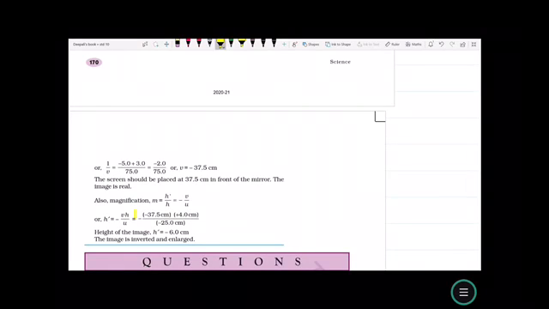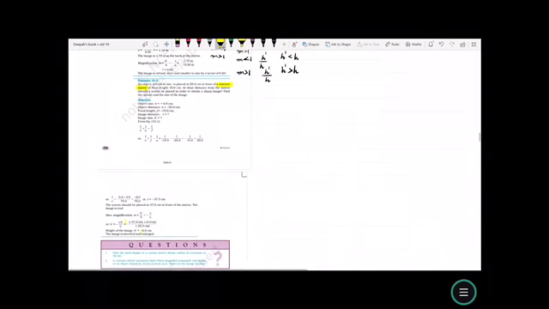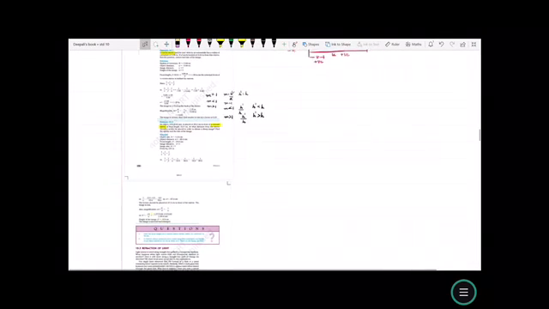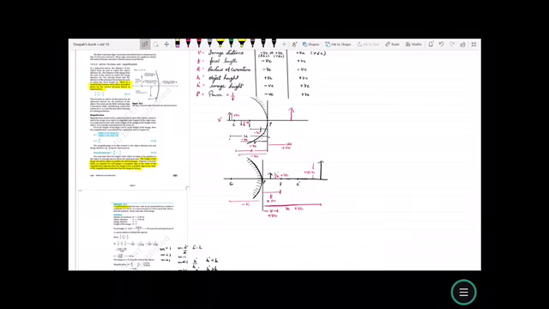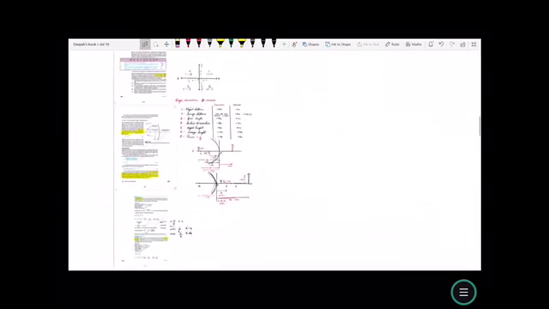Same way, magnification m is equal to h prime upon h is equal to minus v upon u, or h prime is equal to minus v upon u into h, on solving, h prime is minus 6.06 centimeter. So the image is inverted as it is negative and enlarged as it is greater than 1. So this shows us how magnification of a mirror can be obtained and how mirror formula is applied.